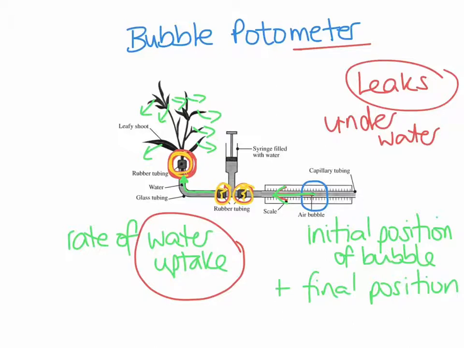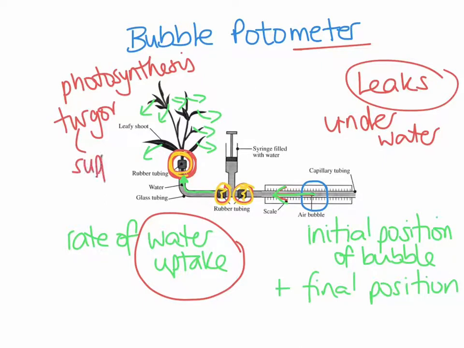So we need to bear that in mind. And also some of the water that's taken up by the stem is used for turgor, to make the cells turgid in the stem to give support. But you need to be aware: photosynthesis needs to be remembered, and turgor providing support in the stem.